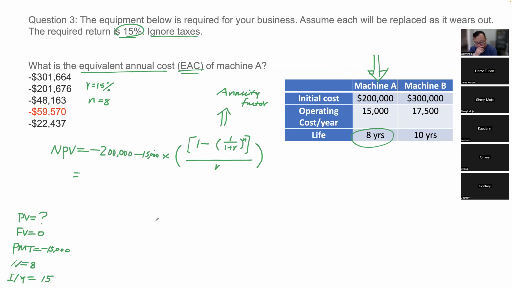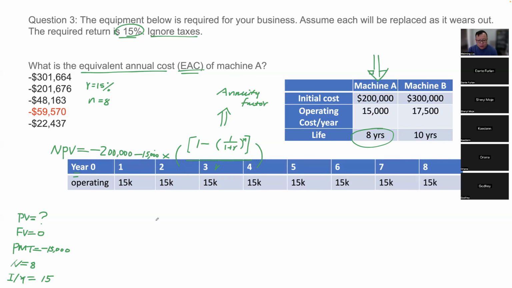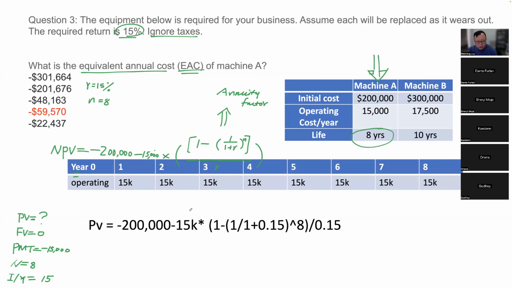Negative 267,200. Okay, let's see what I got here. Okay, and now, can you calculate the annuity factor?